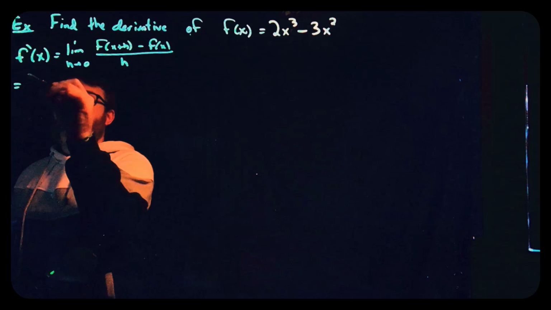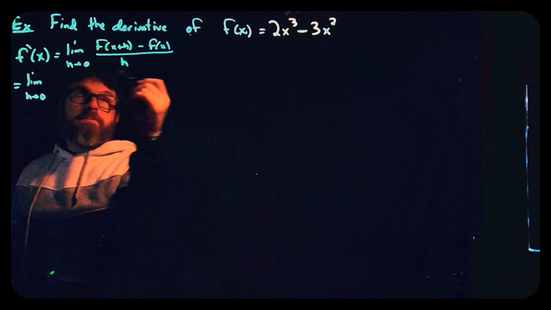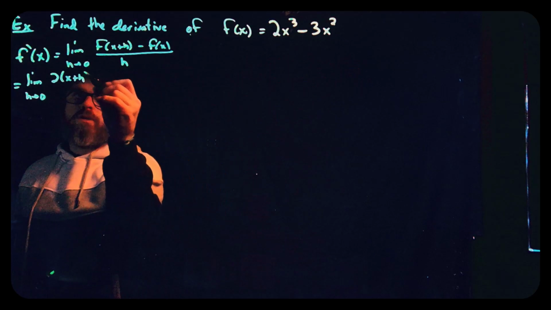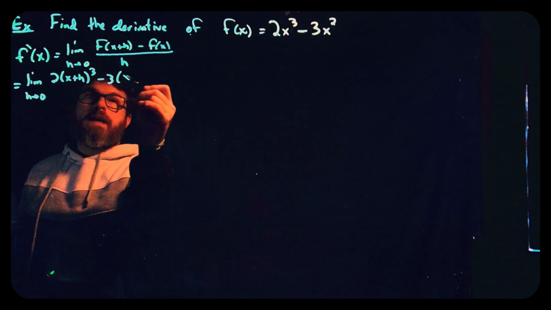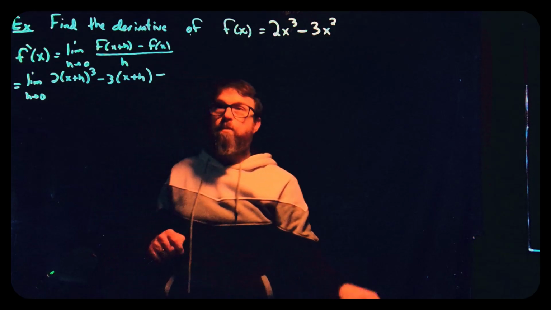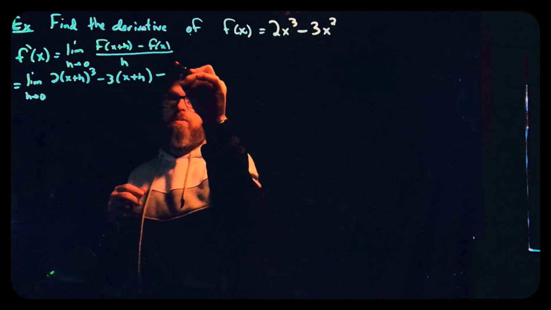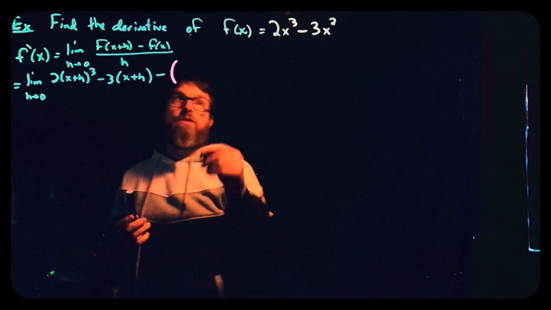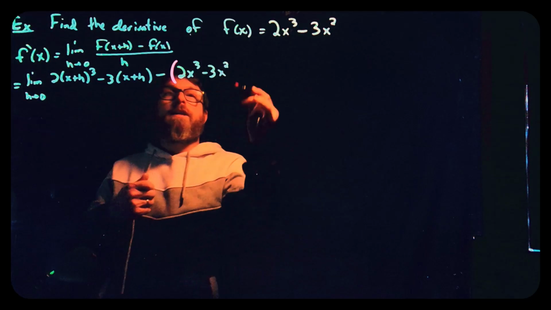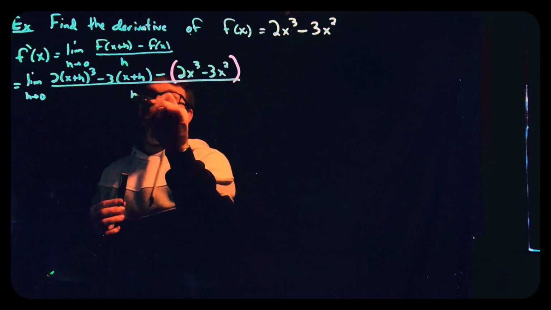So this is going to be equal to the limit as h approaches 0 of, well, everywhere there's an x, now there's going to be an x plus h. So 2 times x plus h cubed minus 3 times x plus h squared. And then I have to subtract off f of x. Now, we have to be careful because I'm subtracting off this binomial, so do not forget to put parentheses here. So this is going to be 2x cubed minus 3x squared. Don't forget to subtract both of these things, all over h.